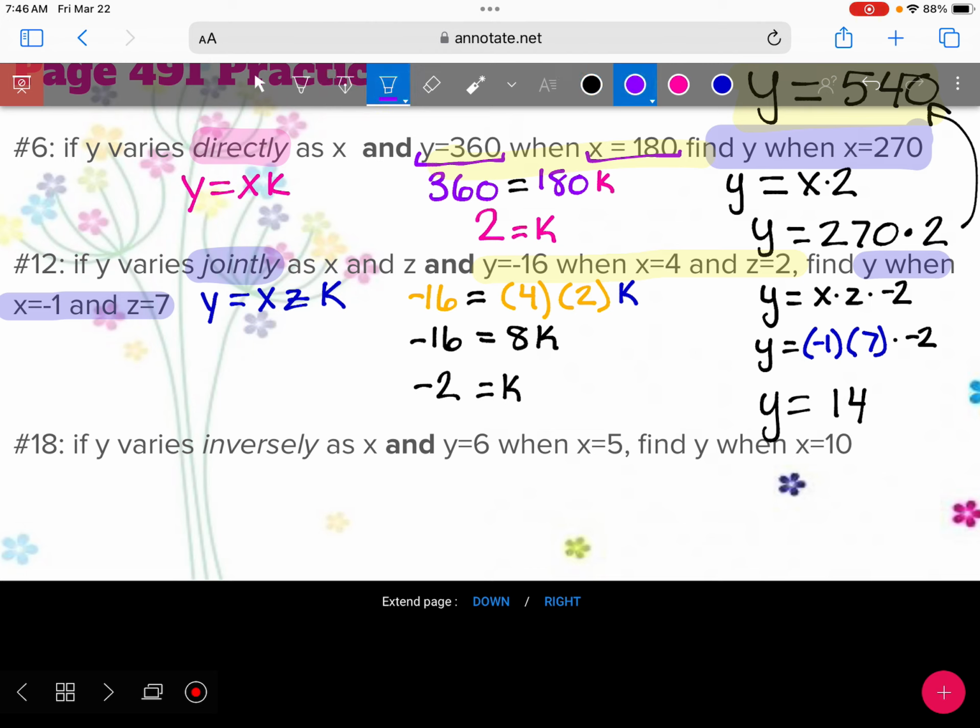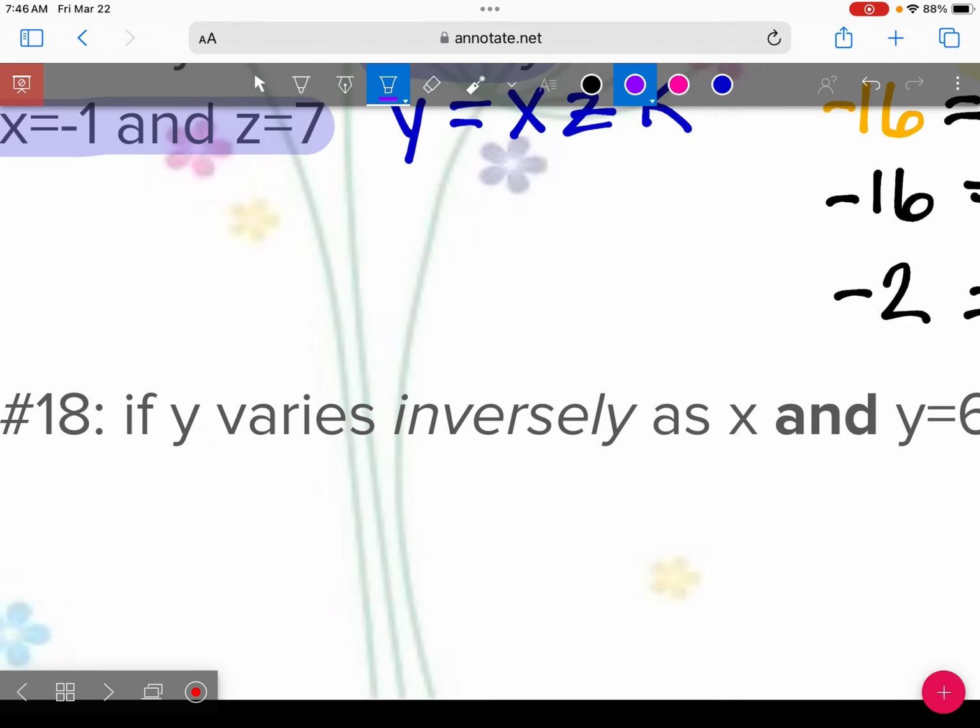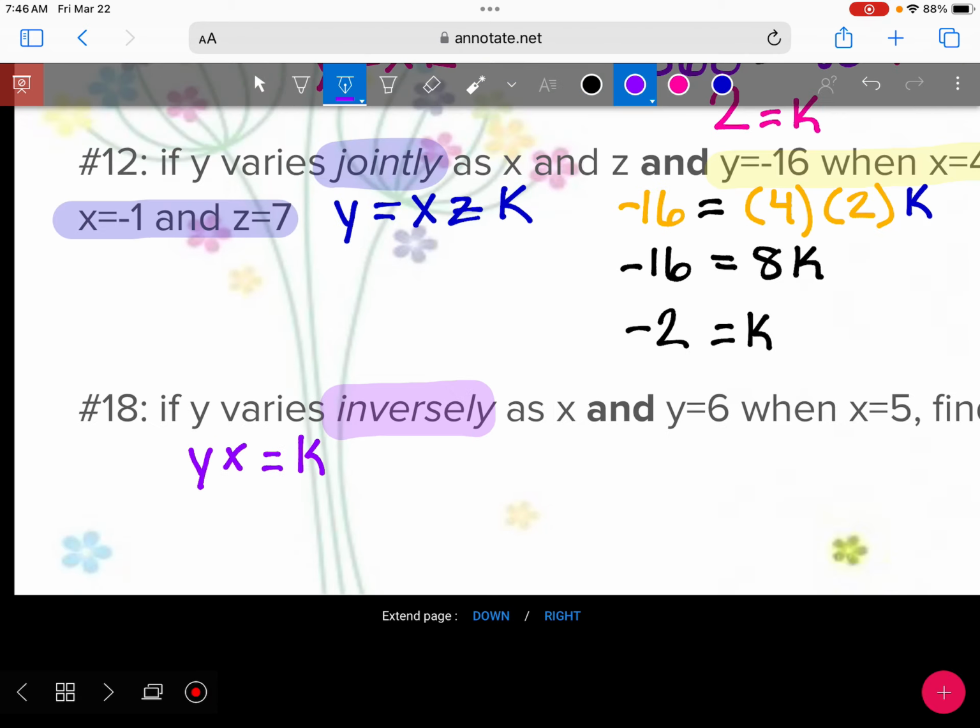All right, our last one up here is we're going to do our inversely. So we know y varies inversely as x. This is the one that's different. This is when we have our y and x together, and it's going to equal that constant. So the piece we know, I know when y equals 6, x equals 5.